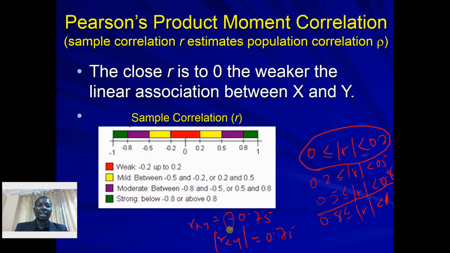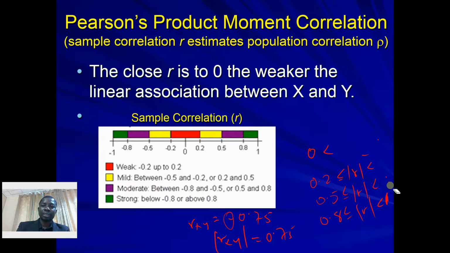Again, there are some other classifications, because in most cases, when we are interpreting correlation, we base them on existing literature. Now if you look at Cohen 1998, he also came out with some classification. So in most cases, when you are dealing with correlation and interpreting them, you need to interpret them in context.